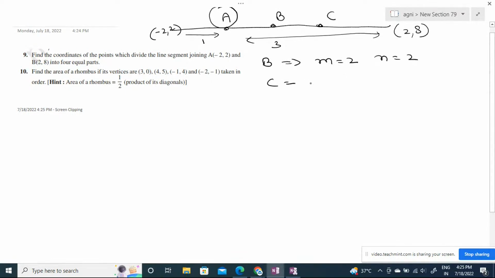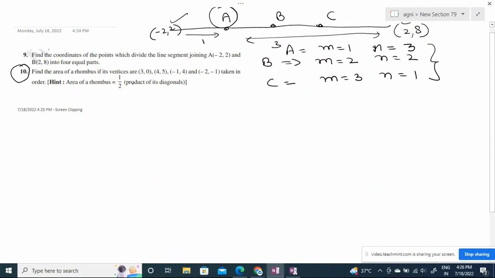For C, M becomes 3 and N becomes 1. For A, M becomes 1 and N becomes 3. You use these ratios and these points and find the different coordinates. I'm leaving this question.